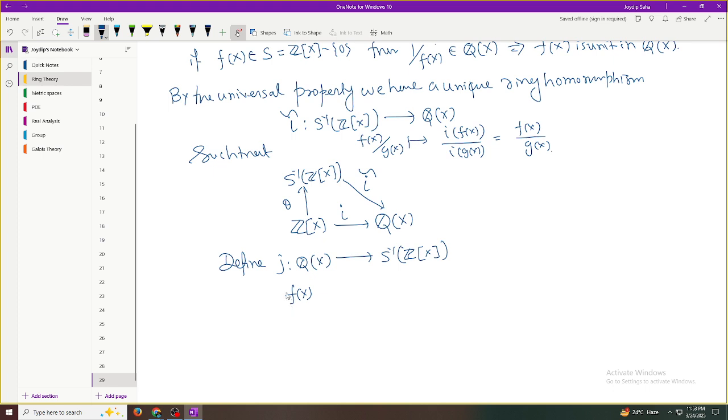Suppose f(x) I write as P(x) by Q(x); P(x) by Q(x) now goes to aP(x) by bQ(x), where P(x) equals p0 by a0 plus p1 by a1 x plus, up to, pn by an x to the power n, then a equals the product of the ai.